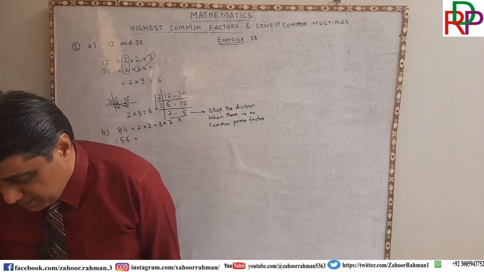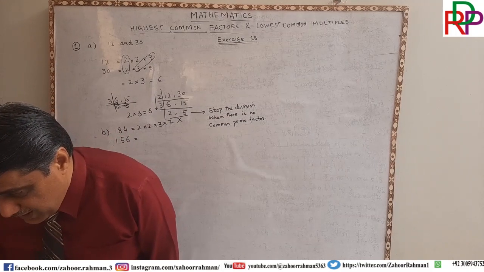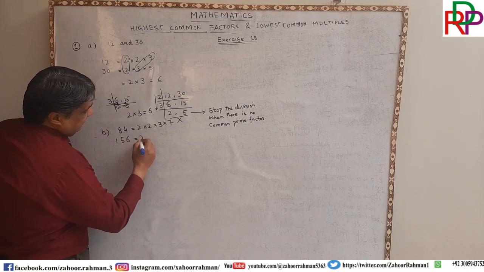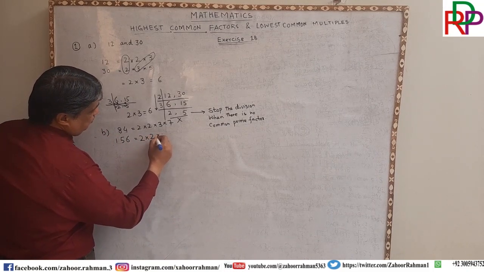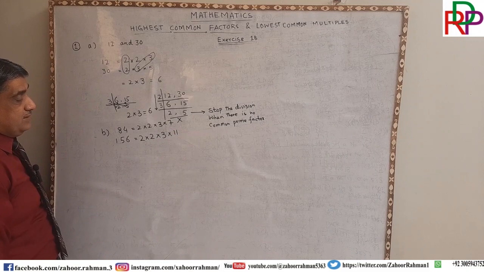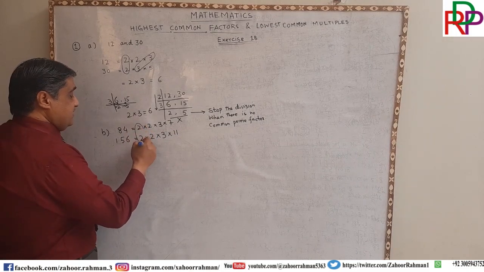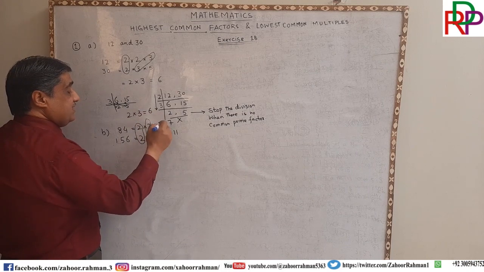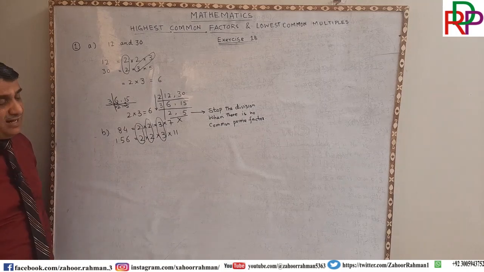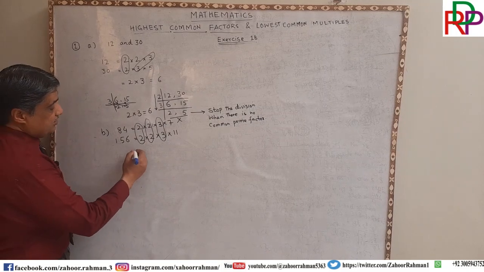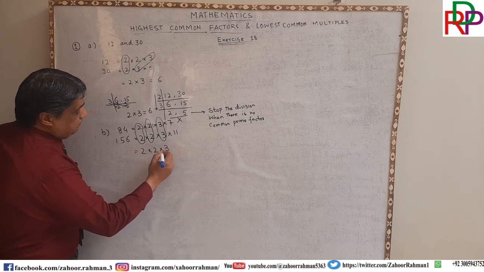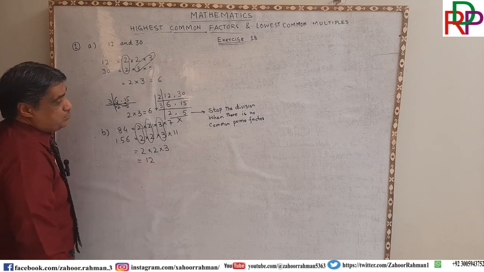Let me confirm from the book that the other number is 156. Yes, it is 156. So again 2 multiplied by 2 multiplied by 3 multiplied by 13. This one is common, this one is common, and this one is common. 7 and 13 are not common factors. So we include only 2 multiplied by 2 multiplied by 3, which is equal to 12.